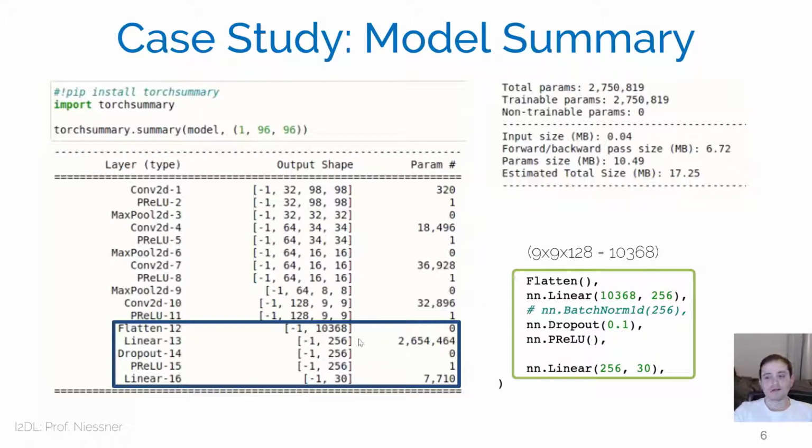And indeed, you see that this first linear layer, that goes from 10,000 neurons all the way down to 256, has a lot of parameters, and most of the capacity and the parameters of the network are concentrated here. Because here altogether we have something like 80,000, but here we have 2.6 million.